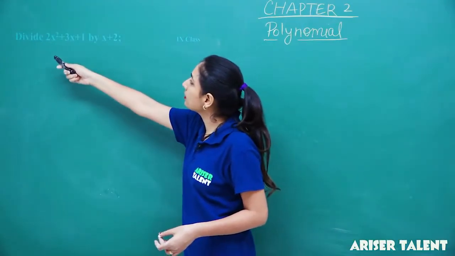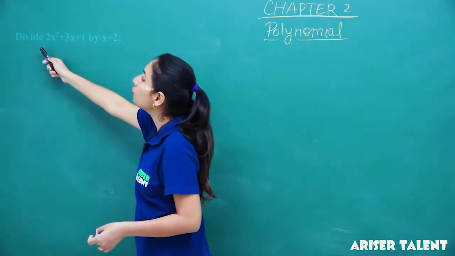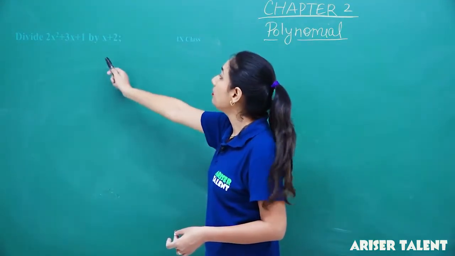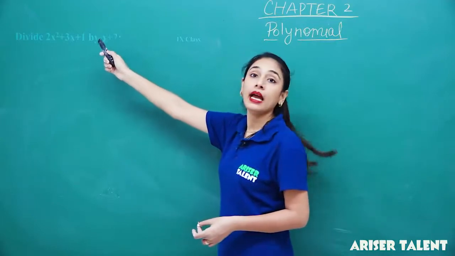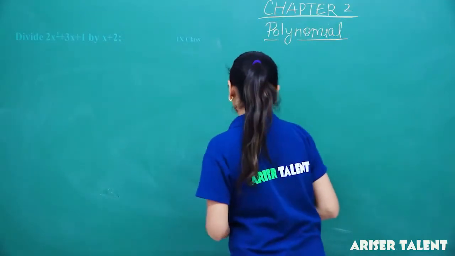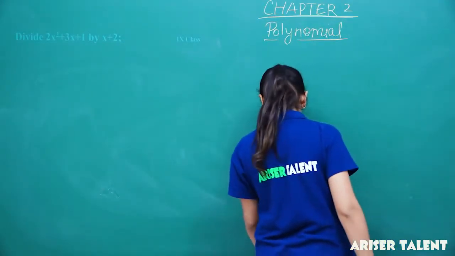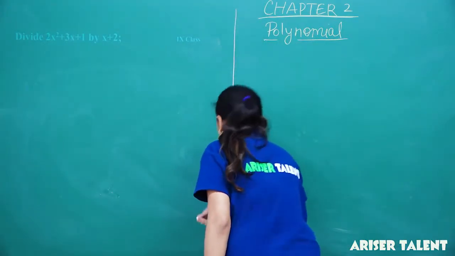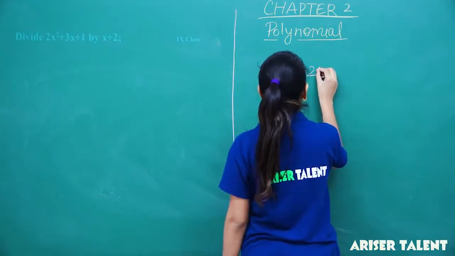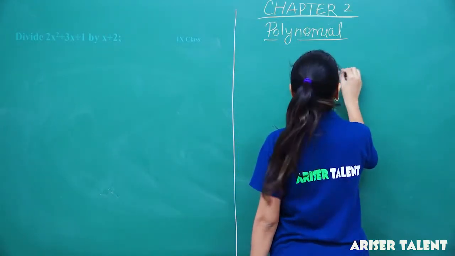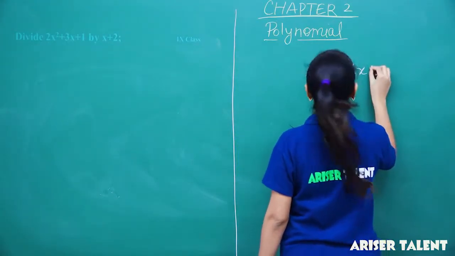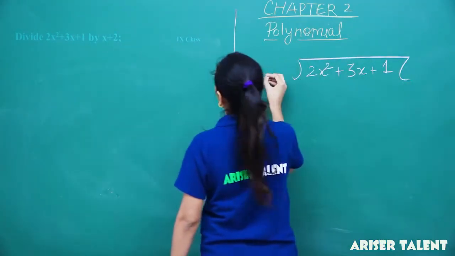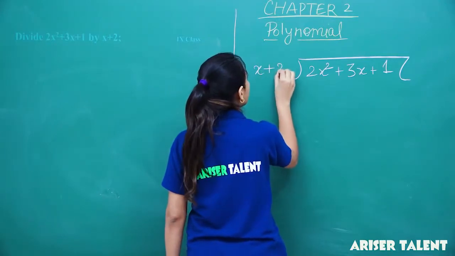So, divide 2x square plus 3x plus 1 by x plus 2. Okay, you have done this in your class 9th. So, divide 2x square plus 3x plus 1, this is your dividend, by x plus 2.